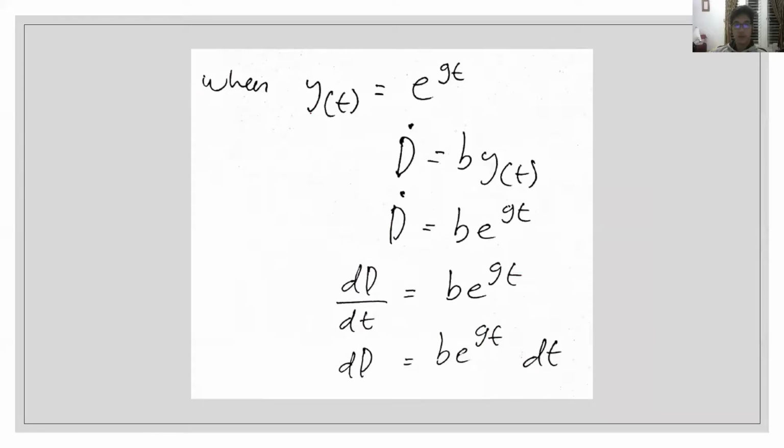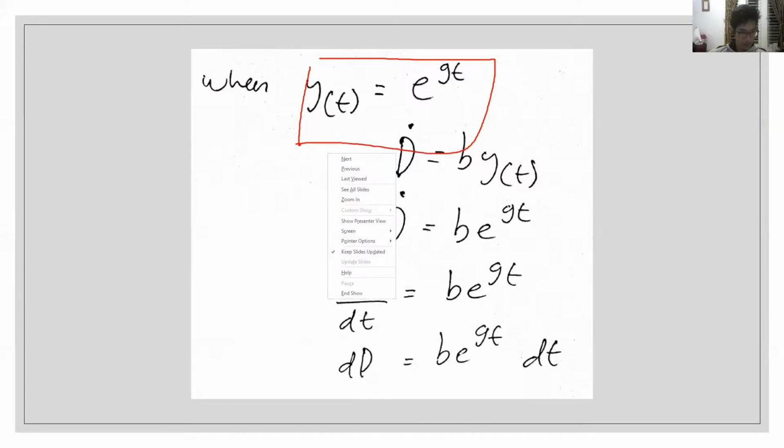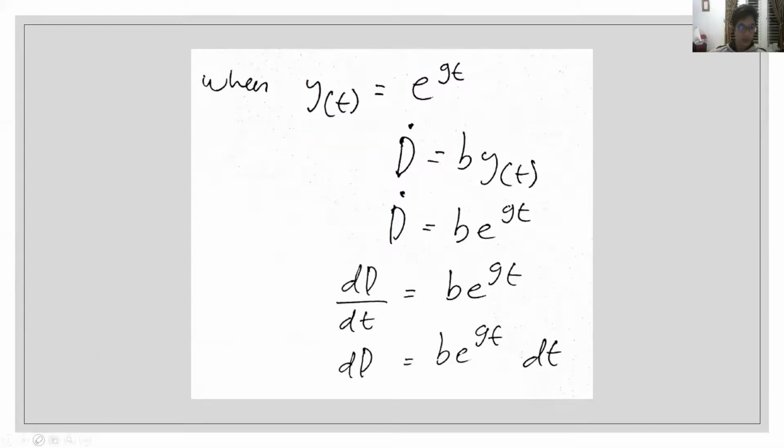Okay, so now that we know that Y(t) is equal to e^(gt), we can solve our D dot solution, by subbing e^(gt) into the D dot formula right here.